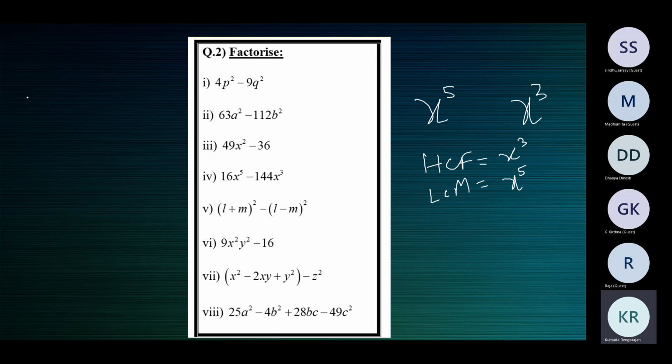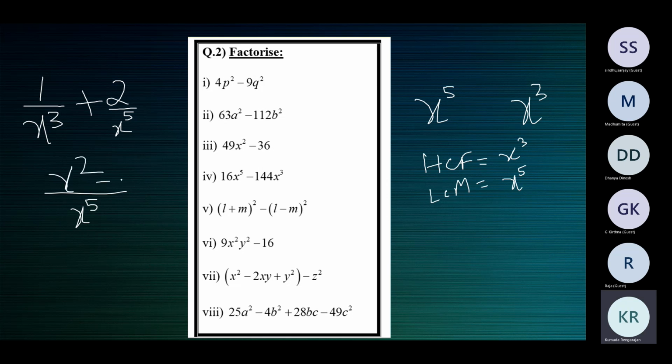See, supposing you have 1 by x cubed plus 2 by x to the power 5. So the LCM of x cubed and x power 5 is x power 5. And in the numerator you will have x square plus 2.